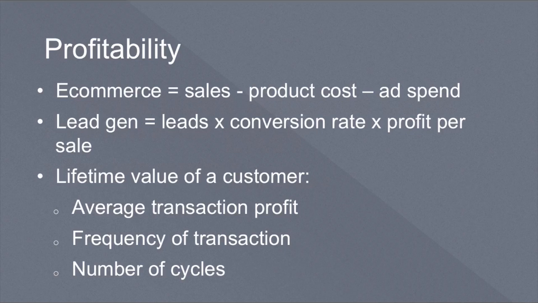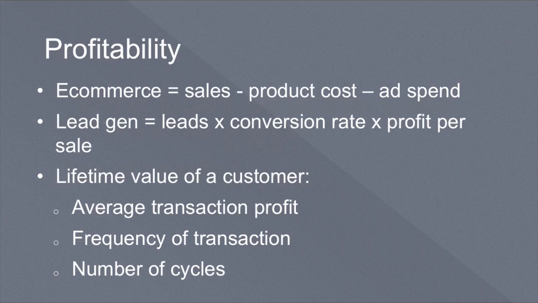In the lead generation world, so we're generating online inquiries, then our profitability is determined by how many leads we need to get, how many inquiries we need to get, multiplied by our conversion rate. And our conversion rate is simply how many inquiries does it take for us to make a sale. We may sell 1 in every 10 inquiries.